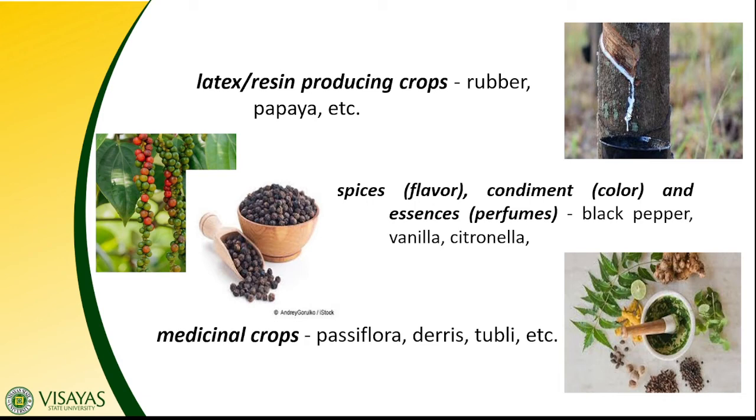You can also see this in papaya once they are wounded, even in the stem of the plant and also in the leaves. They produce this latex. Another group are the spices used for flavoring, condiment for color or coloring of our food, and essences used as perfume, just like the black pepper, the vanilla, and the citronella.